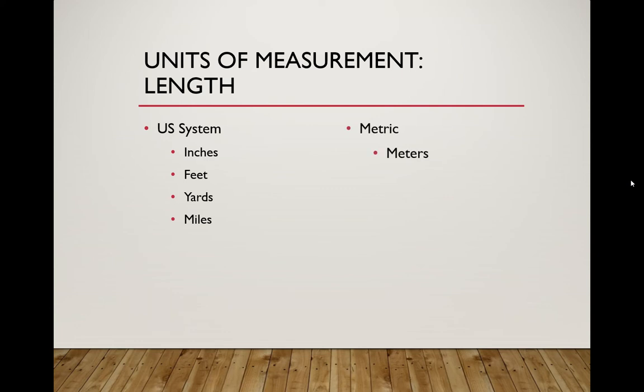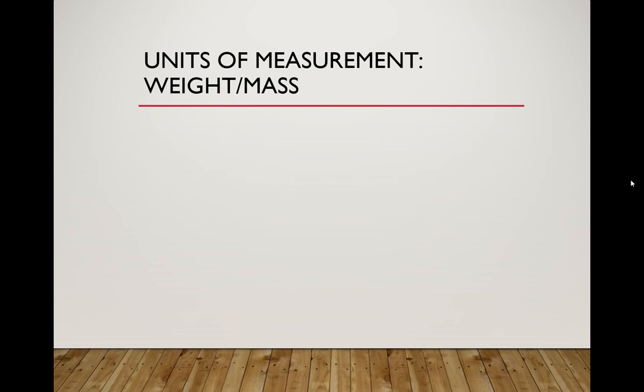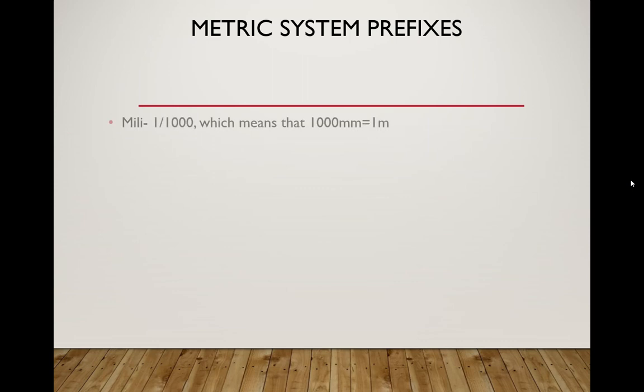Whereas the metric system has meters. My meter stick, please never get the meter stick and the yardstick mixed up. They are actually slightly different lengths. So units of measurement are for weight and or mass. In the US system, we have ounces, we have pounds, and we have tons. And in the metric system, we have grams. So relaxing.